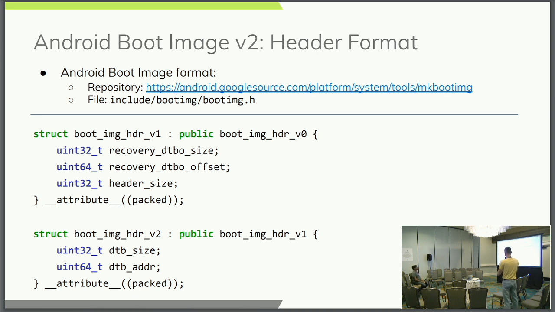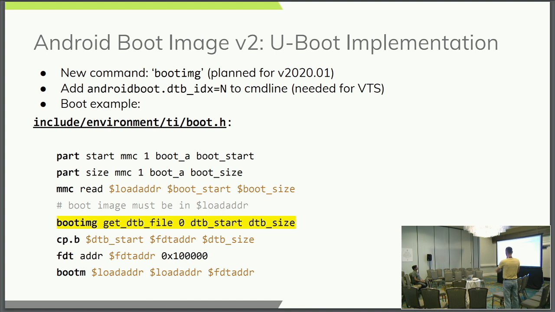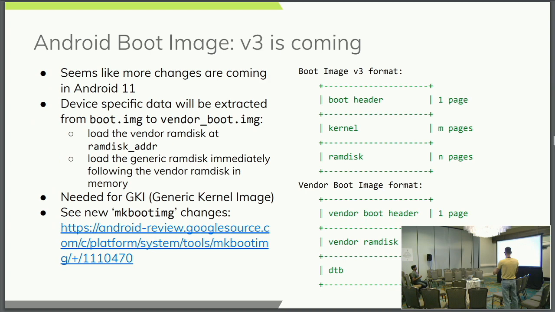It's in C++, but it can be converted easily to plain C, and it's already present in U-boot, right? And I added this boot image command that allows you to get the DTB address, and then you can read it to RAM from the boot image, and then you can boot your kernel with the bootm command. Everybody knows it. And also you should pass this kernel parameter to the command line, which is checked by VTS.